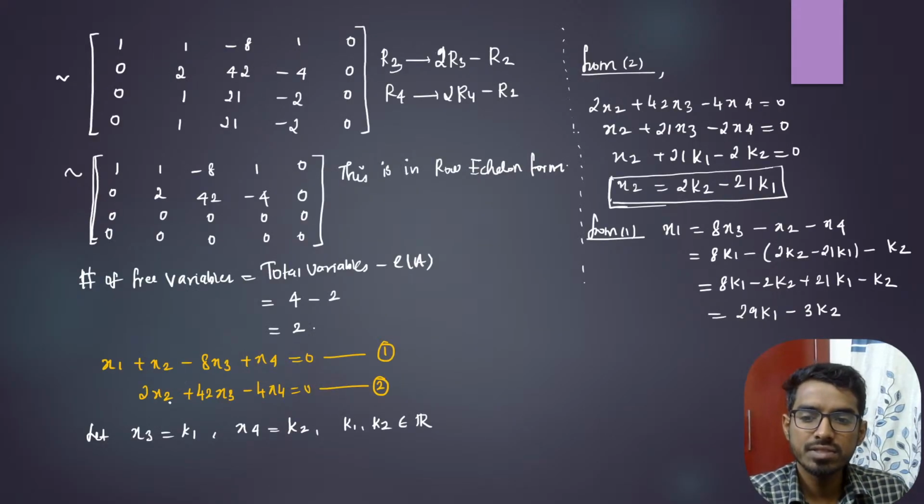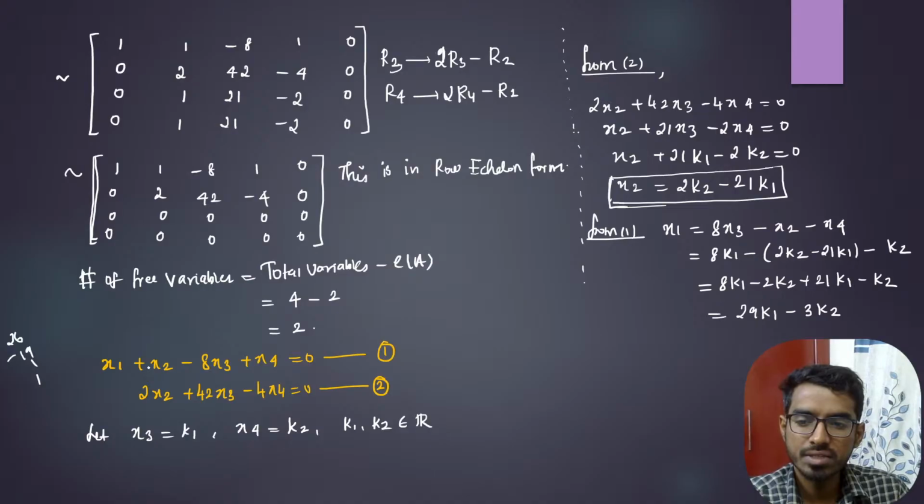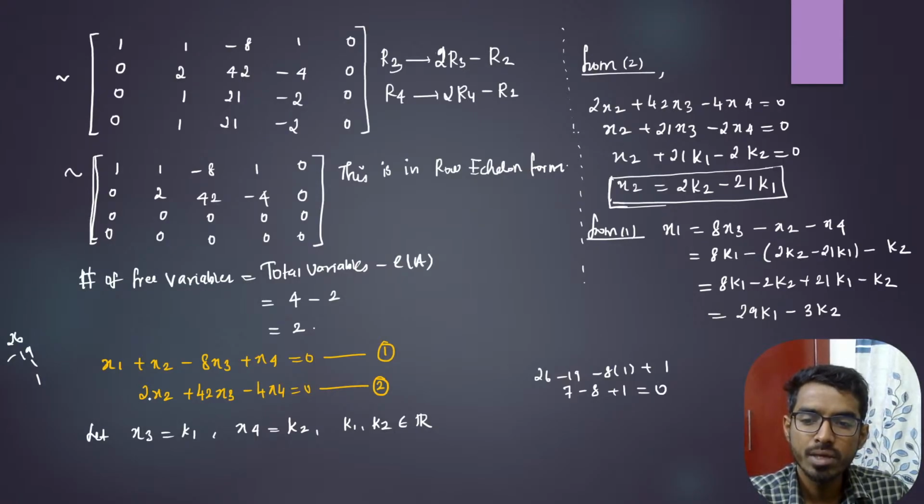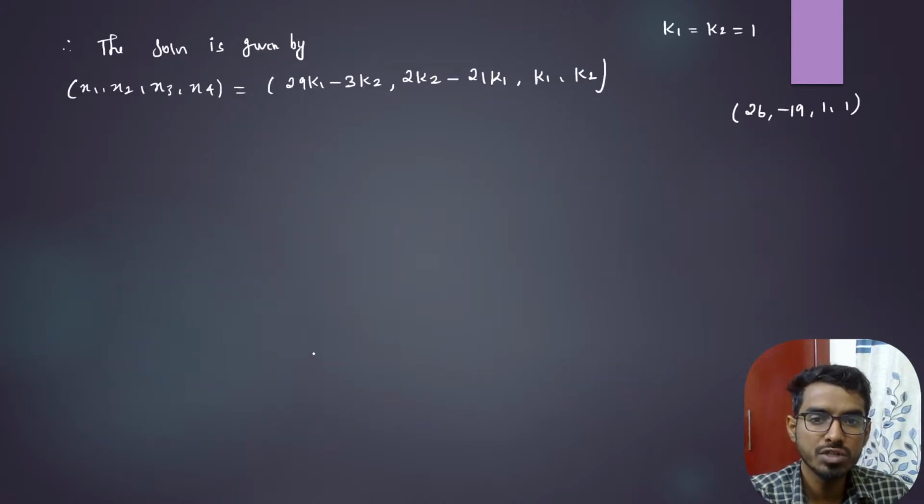Now we see whether it satisfies these equations. x1 plus x2 minus 8x3 plus x4: 26 minus 19 minus 8 plus 1. 26 minus 19 is 7. So 7 minus 8 plus 1 is 0. So it satisfies, right? Similarly, if you substitute in the second, 2 times minus 19 is minus 38. Minus 38 plus 42 is 4. So 4 minus 4 is 0. Therefore our solution is correct.